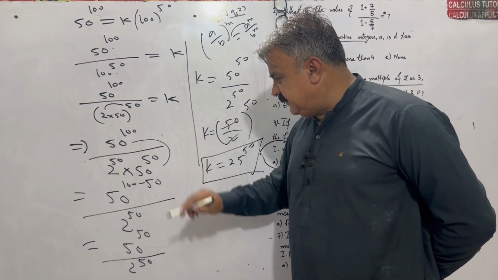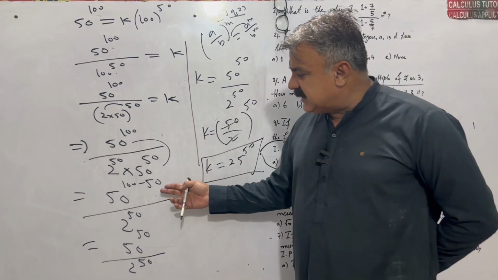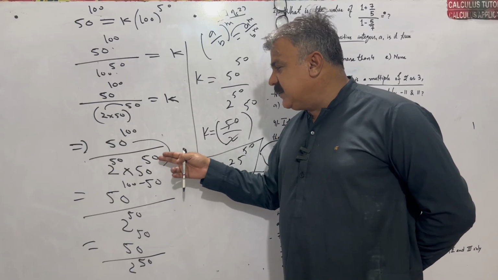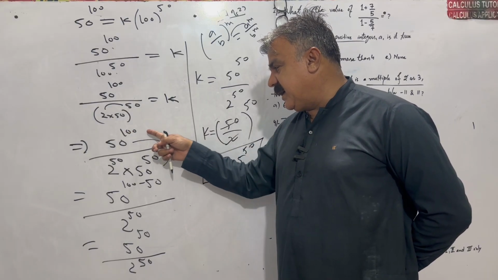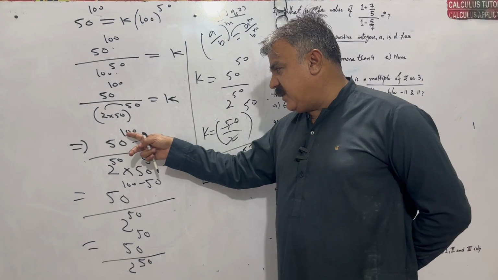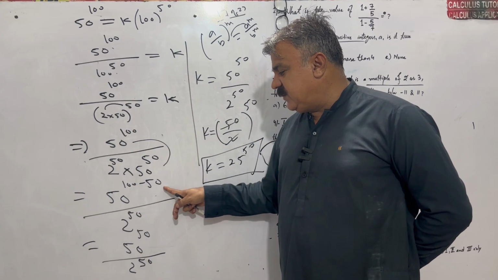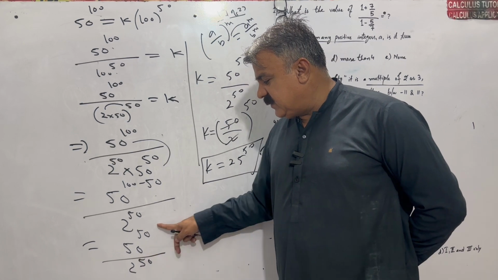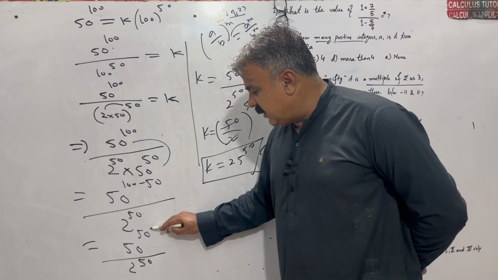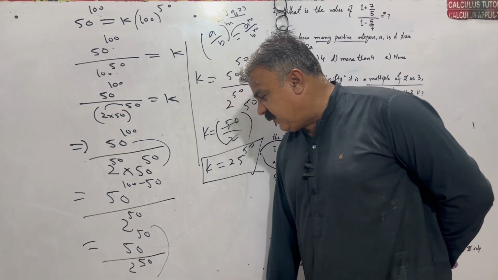Now bases are the same. I have subtracted the smaller power from the greater power, 50 from 100. 50 raised 100 minus 50 will become 50 raised 50 divided by 2 raised 50. Look, in that case both have the same power, 50.